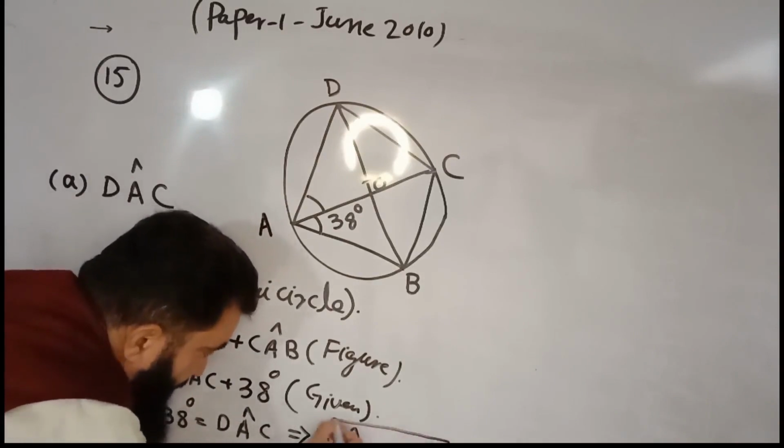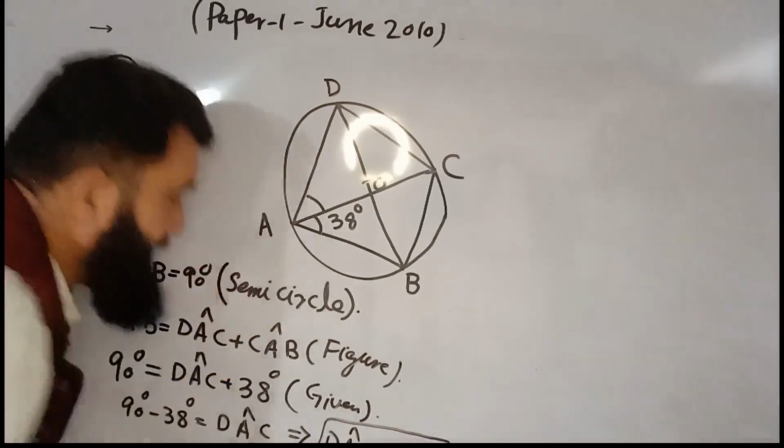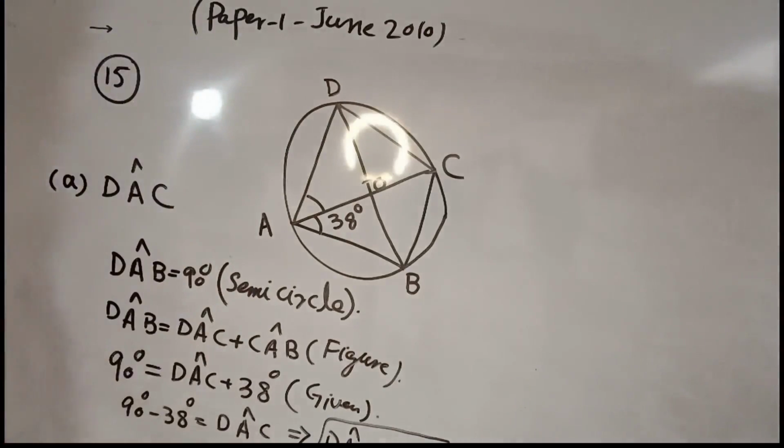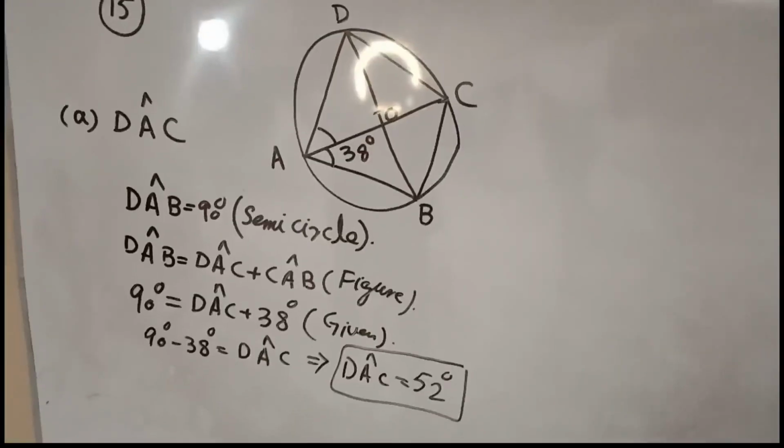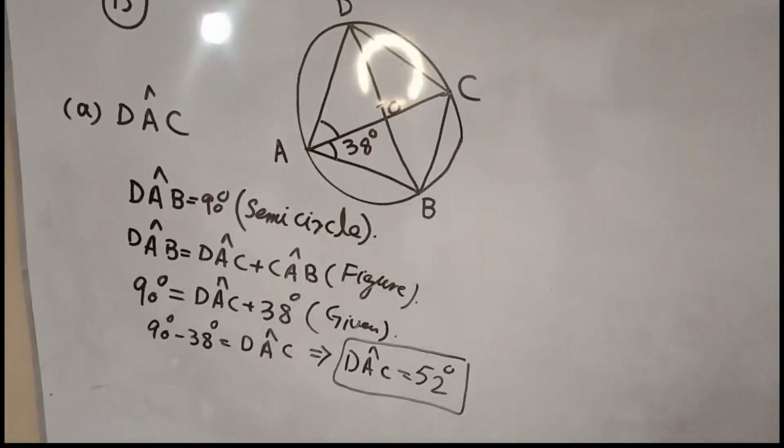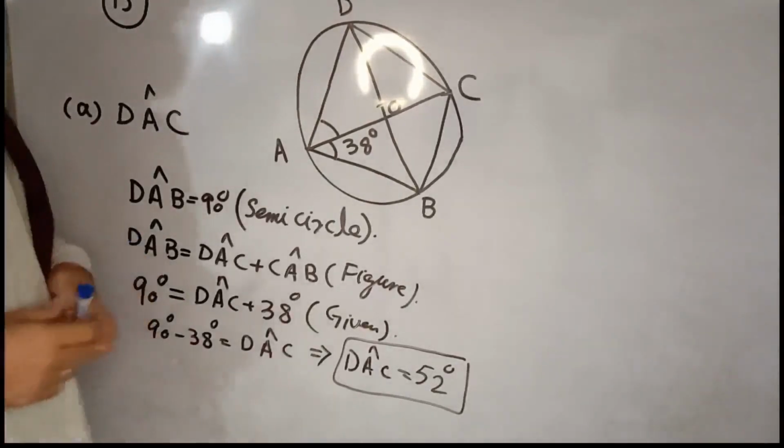So the part 1 answer, DAC, is 52 degrees. Clear? So we have used the different angle properties of circle to evaluate DAC, and DAC comes out to be 52 degrees.